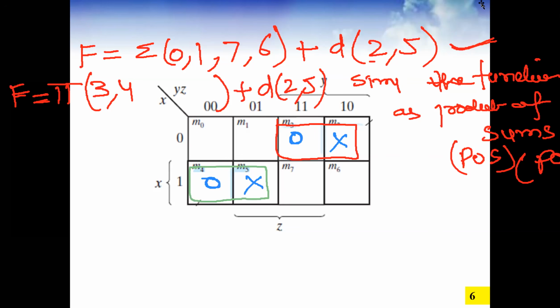So when we simply write the function, it will be like f is equal to, I'm writing F equal to, just read the green box first. When you read the green one, it will be complemented, as I told you. It will be the complemented function, that is F complement, which we are reading now.